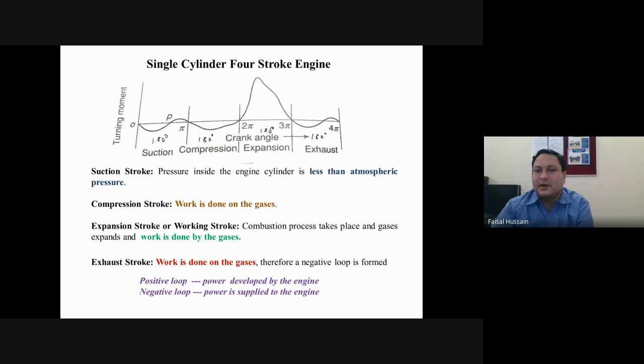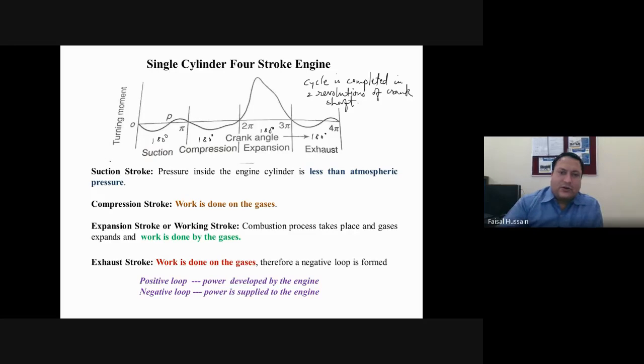So cycle is completed in two revolutions of crankshaft.